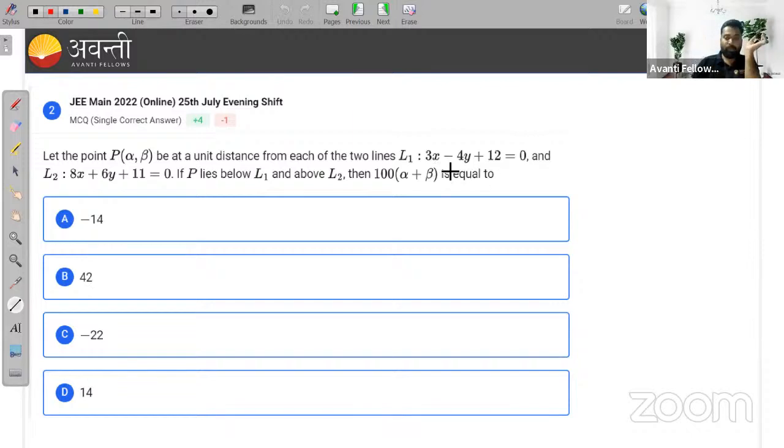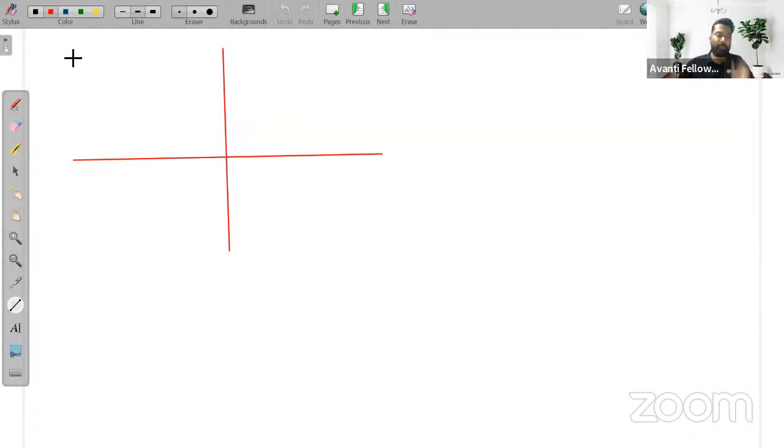For L1, if I put y is equal to 0, then x will be minus 4, right? So the equation of L1 will be like this. Suppose this is my L1.